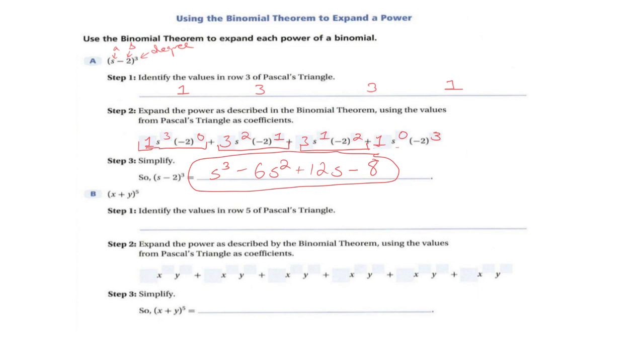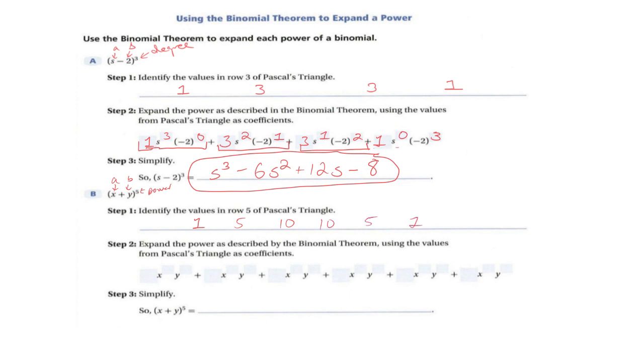All right, so let's try B together. So identify the row 5 because it's the 5th power. X is our a, and y is our b, right? So the 5th row goes 1, 5, 10, 10, 5, 1.